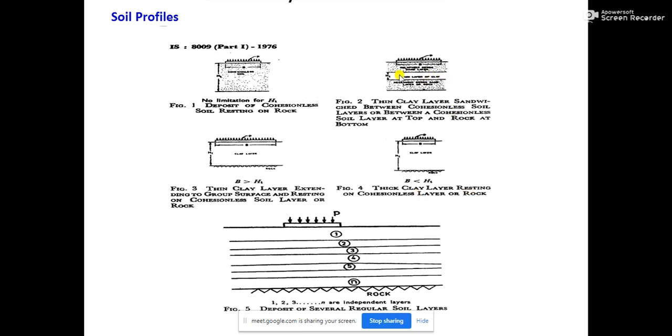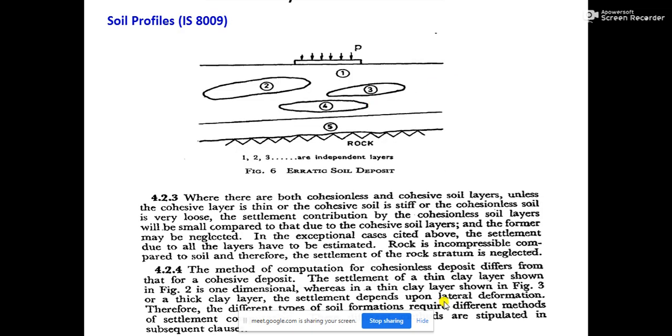This is a thin clay layer sandwiched between two cohesionless soil layers, or one cohesionless soil layer at top or a rocky stratum at the bottom. In such case, what the code is saying is that the settlement of a thin clay layer shown in figure 2 is one dimensional. That means you can apply Terzaghi's one dimensional consolidation theory over here.